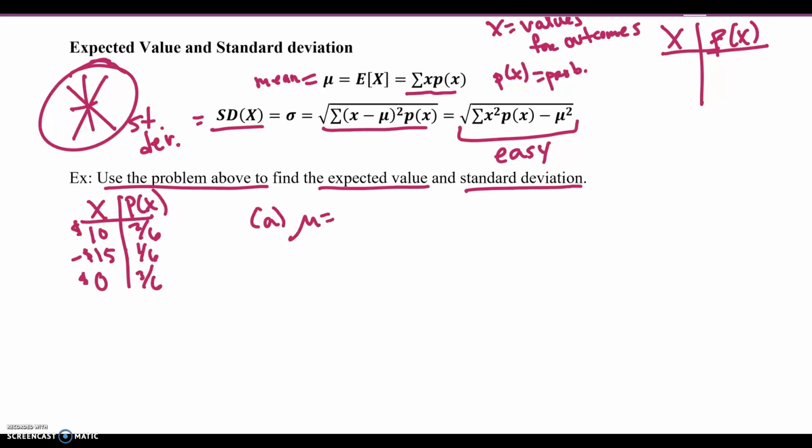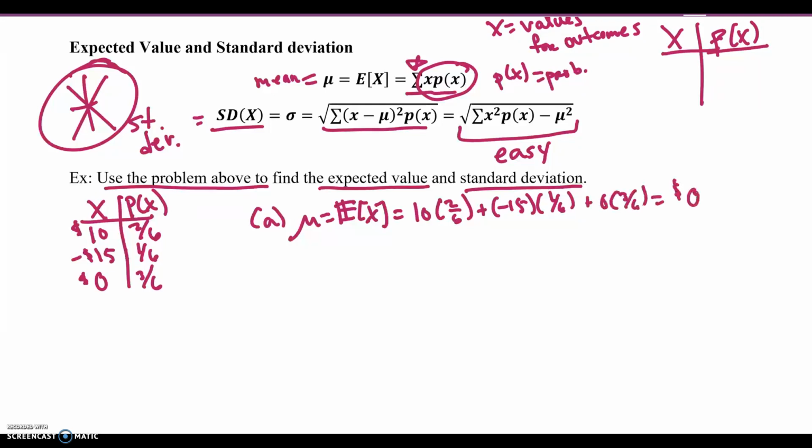The mean of this probability distribution was just multiplying all of the x's times the probabilities, and the sum means summing everything up. So it's 10 times 2 out of 6, negative 15 times 1 out of 6, and 0 times 3 out of 6, and I think we got 0.83. So the mean of this probability distribution is 0.83, my expected winnings.